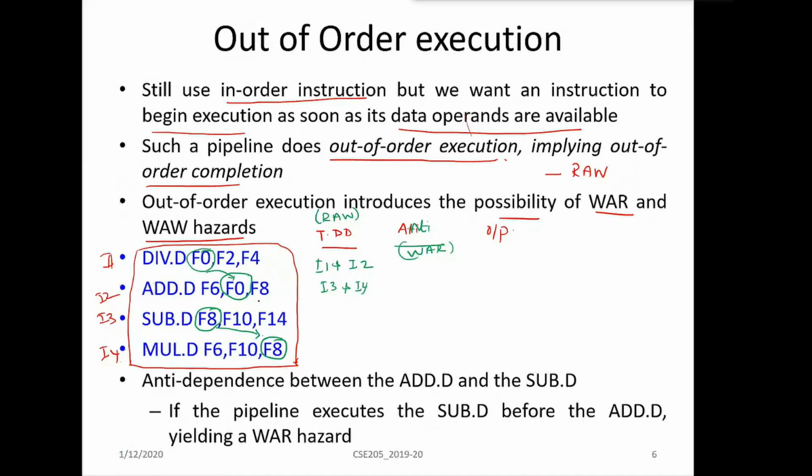Here we have F8, and here also we have F8. If you try to execute this instruction before this one, it may lead to an error, but actually there is no true dependence. So between instruction I2 and I3 you have this anti-dependence. Is there any other case?